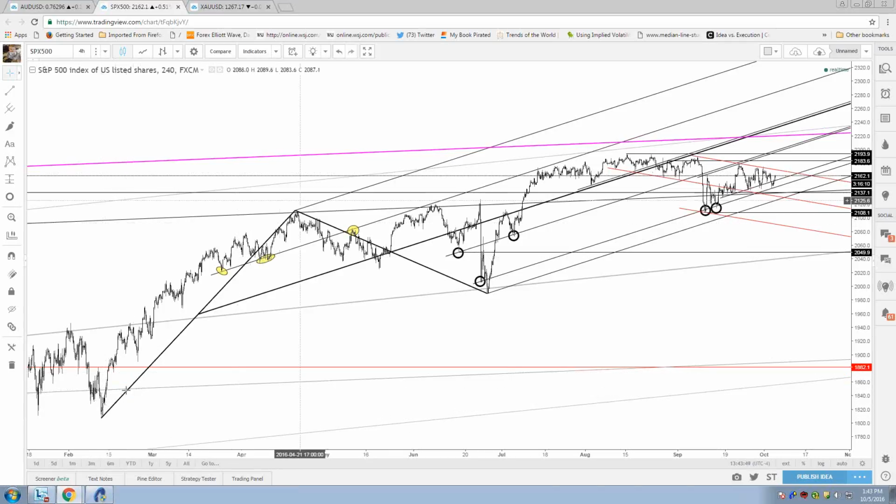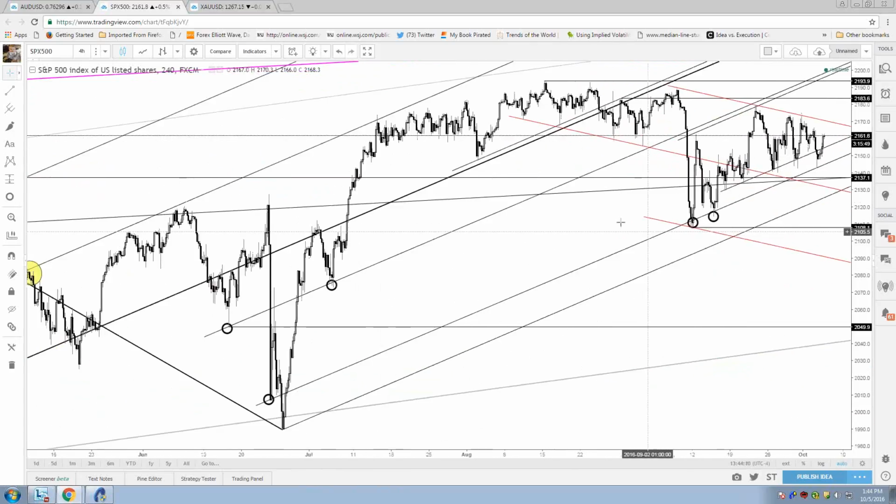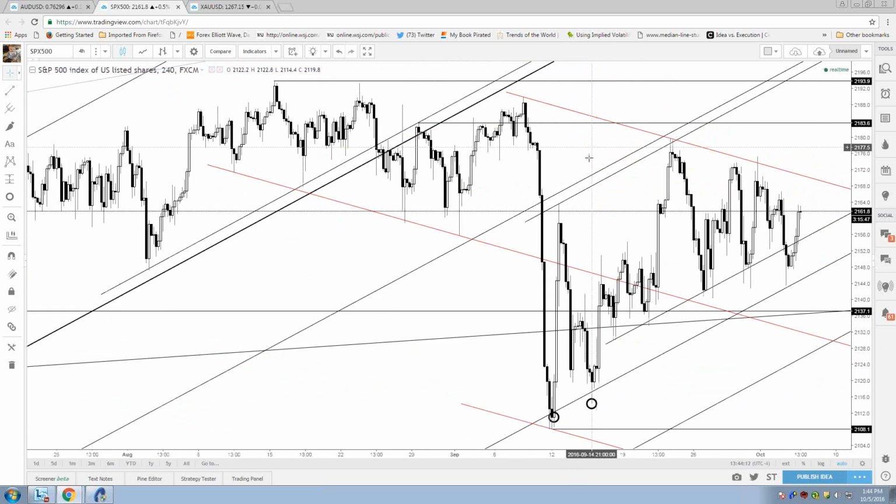In other words, for those of you that are familiar with Elliott, perhaps we go 1, 2, 3. Perhaps we're overlapping in a fourth wave triangle of sorts, and then we're going to pop higher for the fifth. That's just a possibility. At this point, I don't think there's a whole lot of money to be made trading the S&Ps.